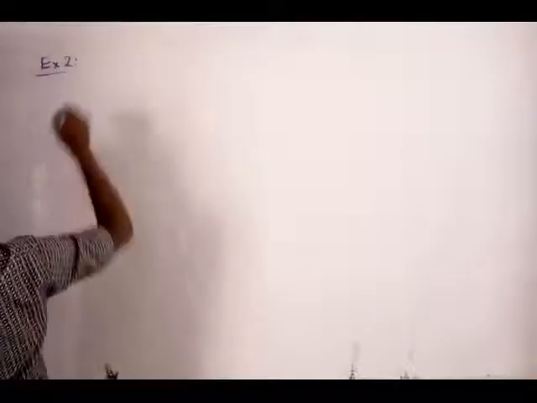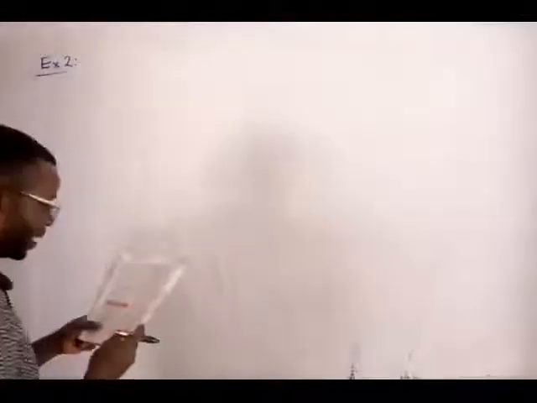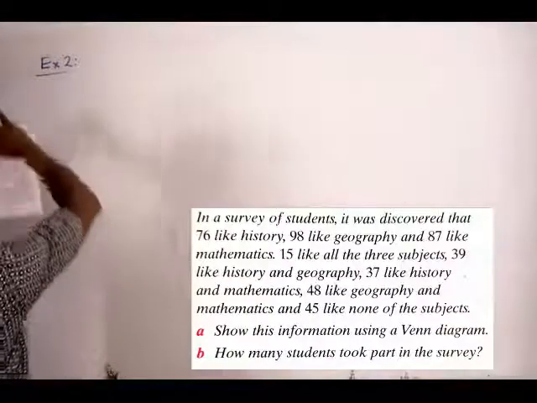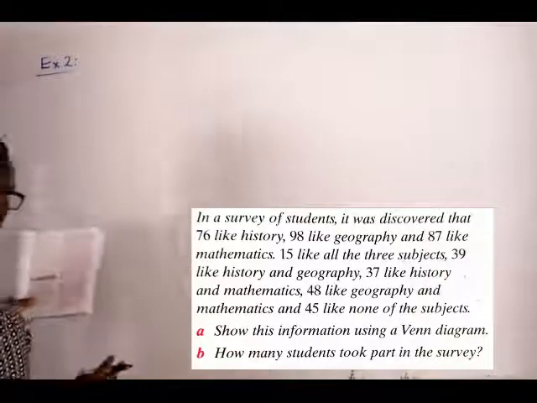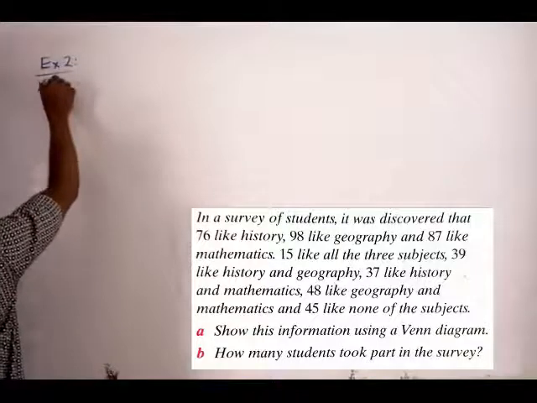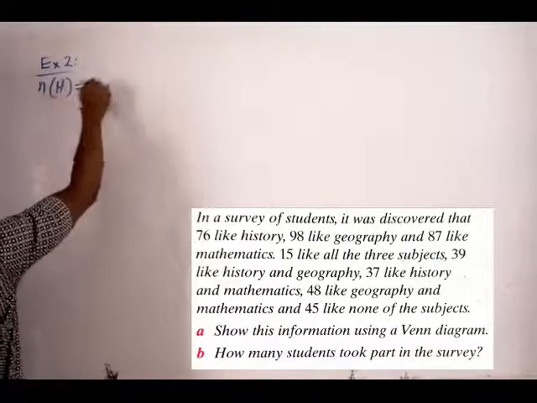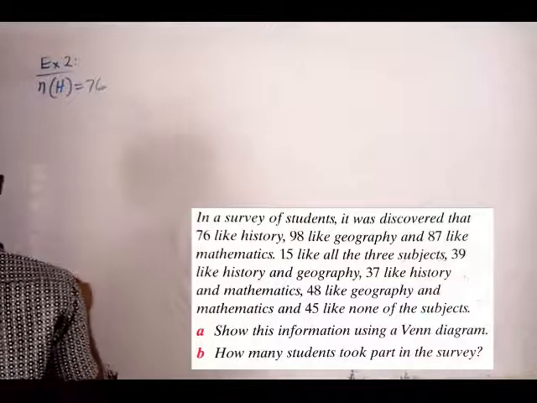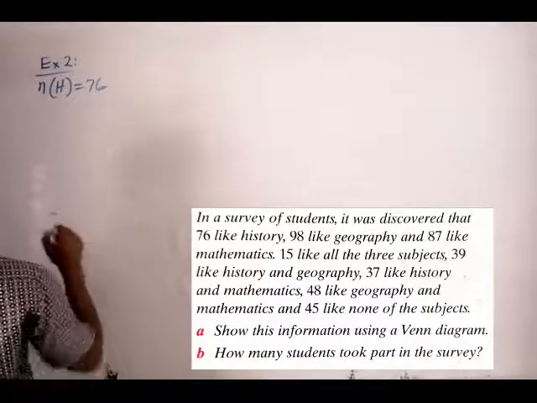Example 2. In a survey of students, we are not told how many people we have in the whole survey. It was discovered that 76 like history. Number that like history, 76. 98 like geography.